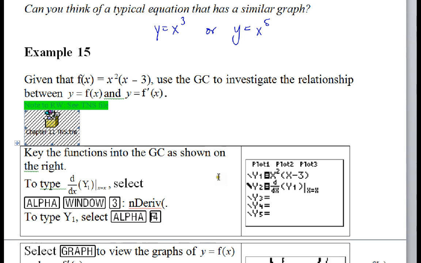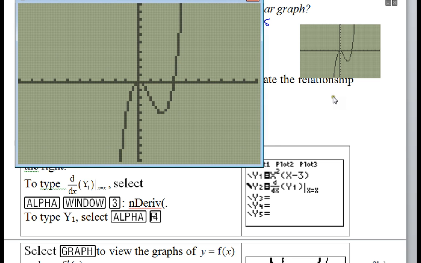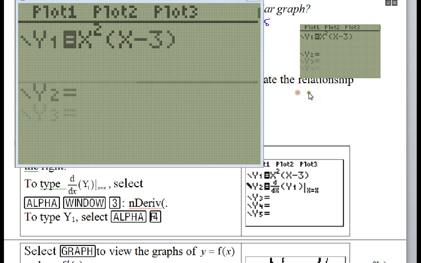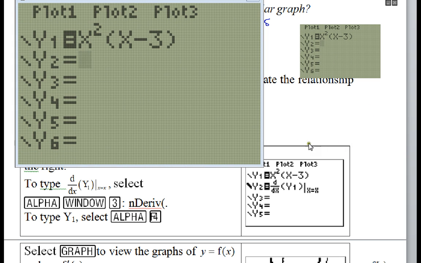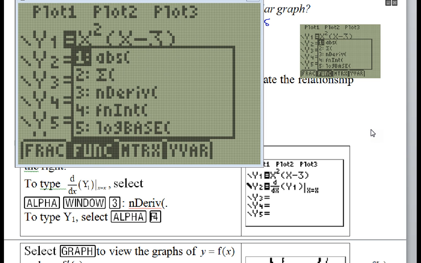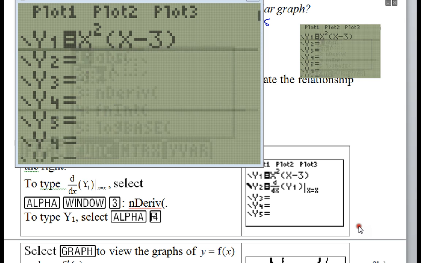Next, what is important now is we can actually sketch the gradient function by doing this. You go to y equals, you press alpha window, and then you press 3.